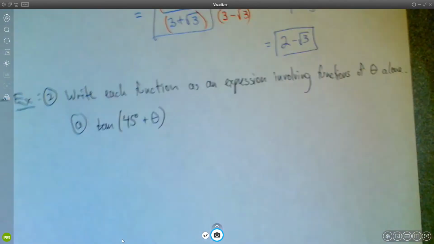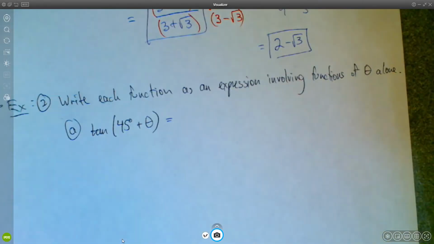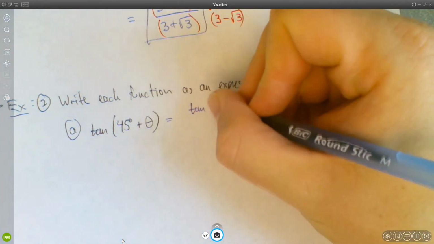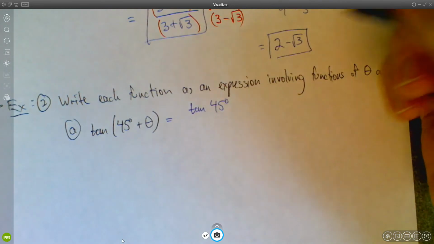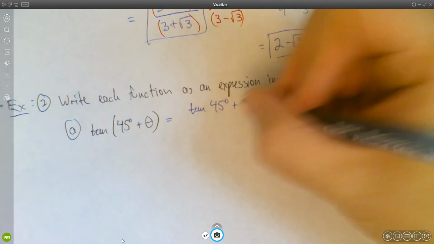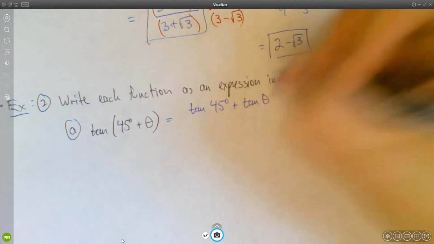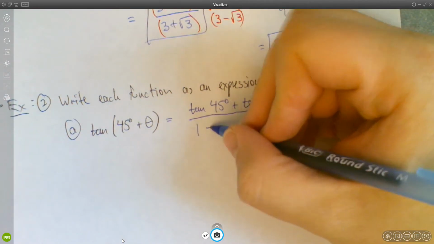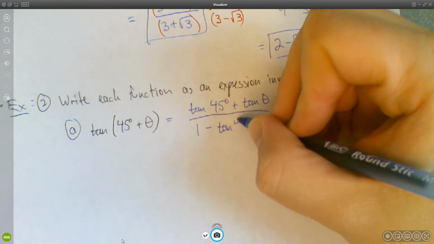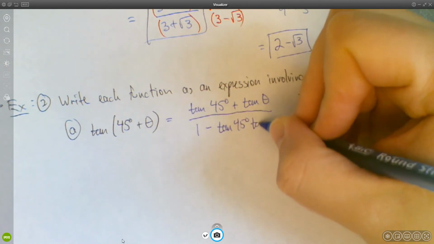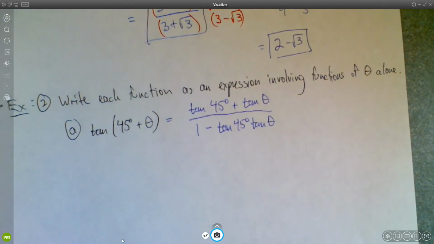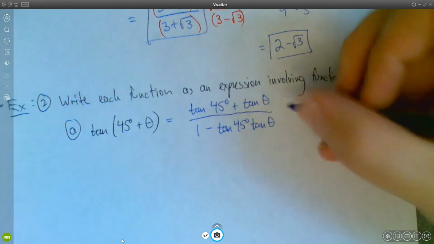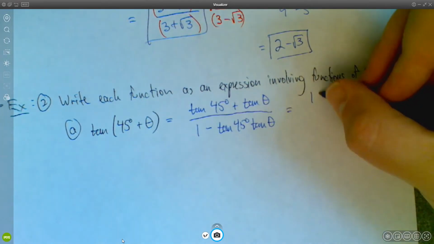Okay, here's my solution. So tangent of 45 degrees plus theta is going to be tangent 45 degrees plus tangent theta divided by 1 minus tangent of 45 degrees times tangent of theta. And from there we just simplify, right? Tangent 45 is 1.